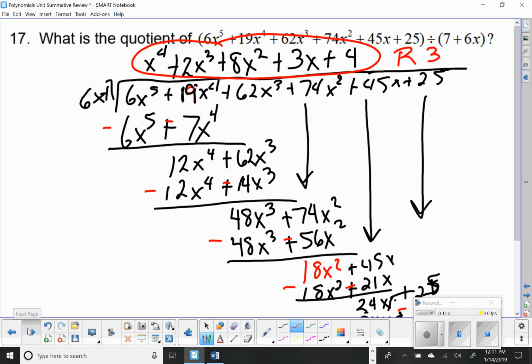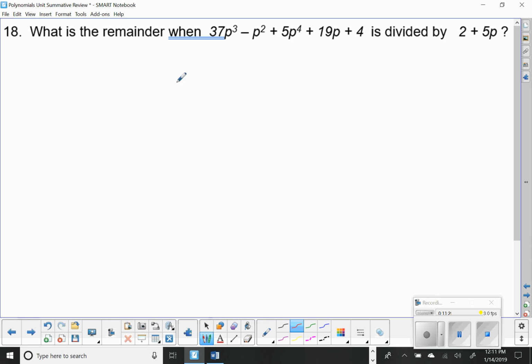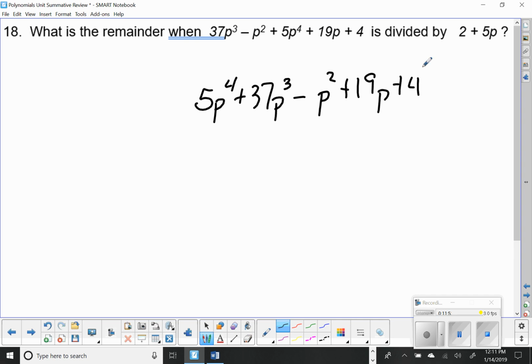Next up, what is the remainder of this one? Again, here I have to set it up so that it's in standard form. So I'm going to have 5p to the 4th plus 37p cubed minus p squared plus 19p plus 4, divided by 5p plus 2.